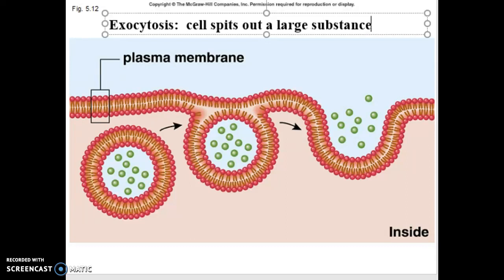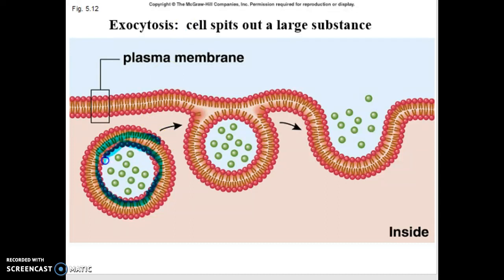It built something and it needs to get rid of it, but the substance is too large for diffusion and it's too large for that carrier protein. So hey, let's try this route. Let's put it into a bag, into a phospholipid membrane. There's our membrane, there's our bilayer. That's just the bag, what we call the vesicle. Let's push that into the actual plasma membrane.